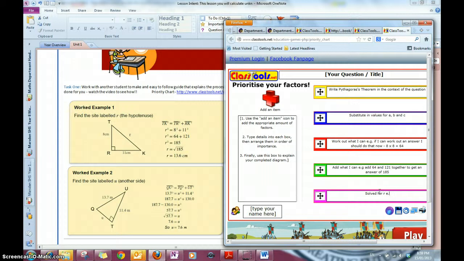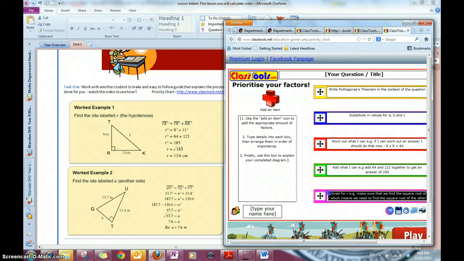So we can put in here, just so that we remember later on when we read it, make sure that we find the square root of r, which means we need to find the square root of the other side. I don't know if I like that one. I don't think. We didn't really find the square root of r, did we?